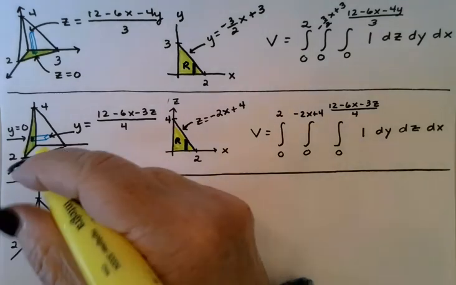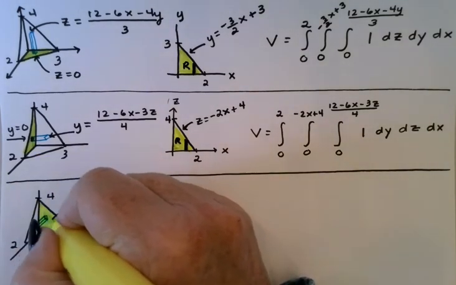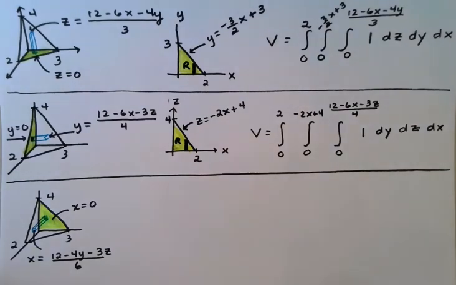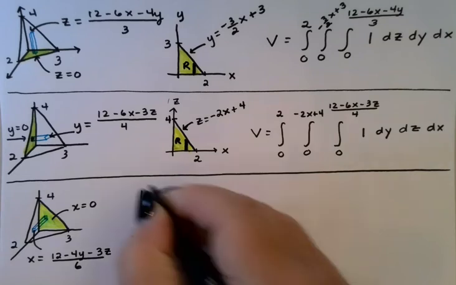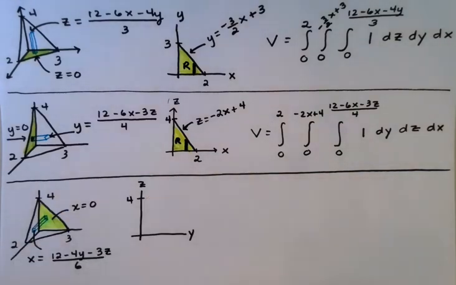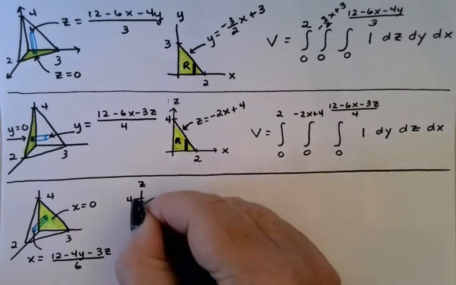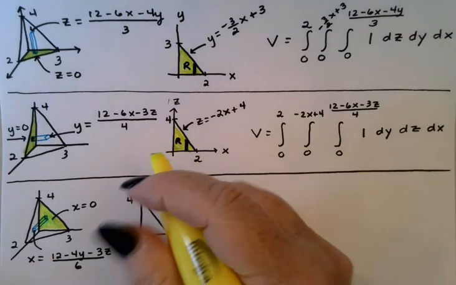Going with dx first, that means the yz plane is where the R is going to be located. And the z-intercept is 4, the y-intercept is 3. So there's R.